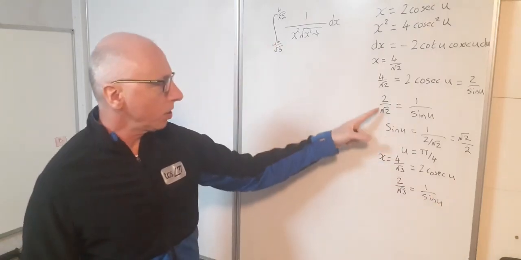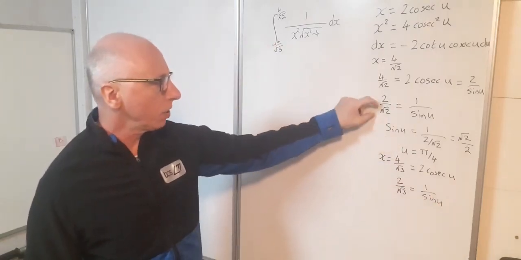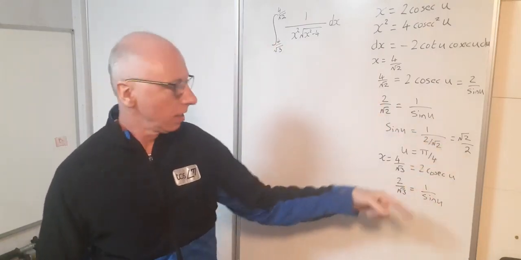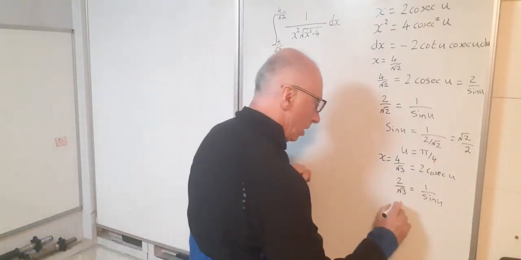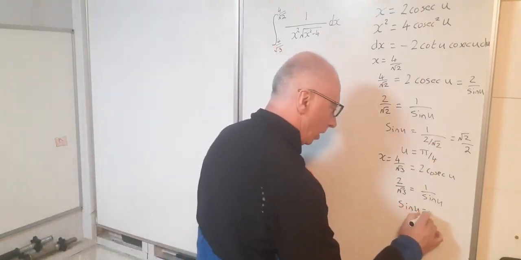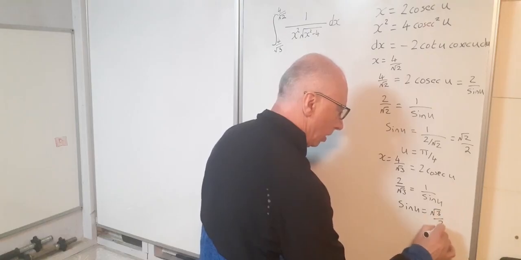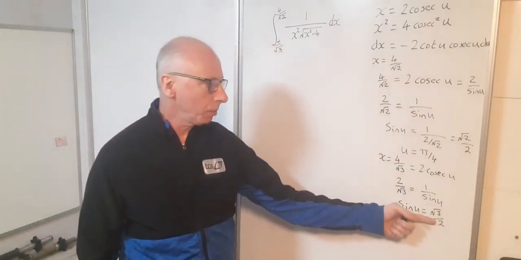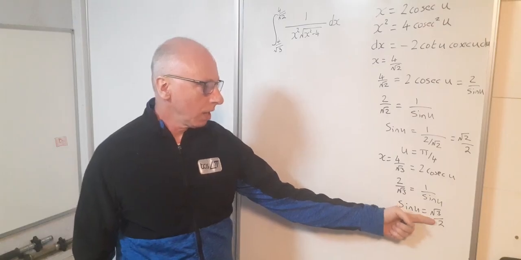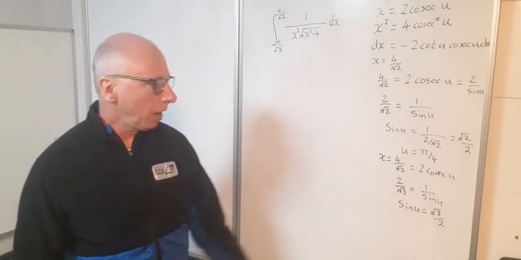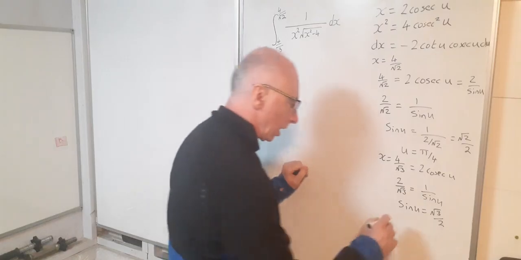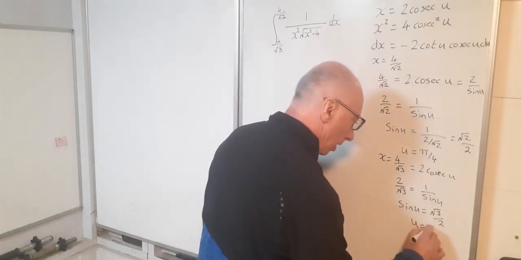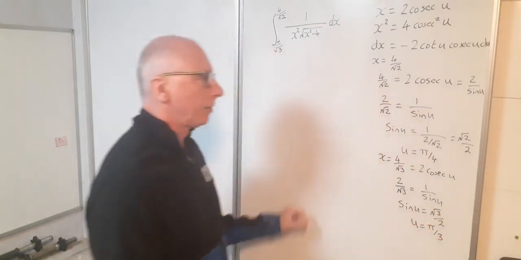If I do the same here, I'm going to get sine of u is the reciprocal of that. So sine of u equals root 3 over 2. Then I know my principal value for sine of u being root 3 over 2 is going to give me pi over 3. So that's u equals pi over 3.